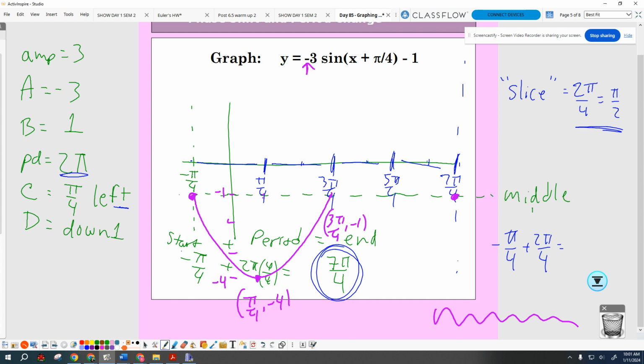We're going to be at 5 pi over 4, where does it go from here? What's the y value going to be? We need to go up this much from the middle. So 1, 2, 3. 2. 5 pi over 4, comma 2.